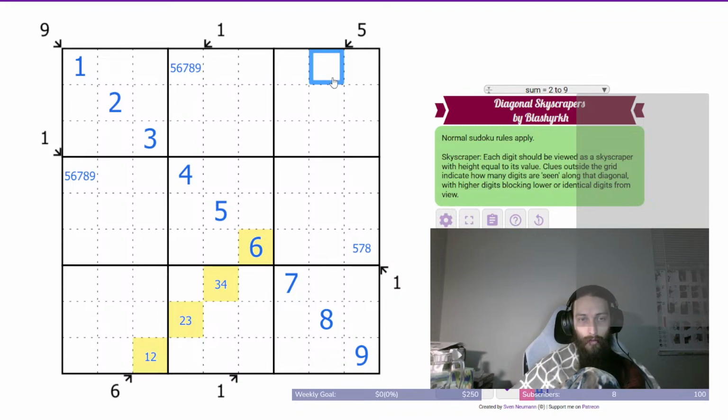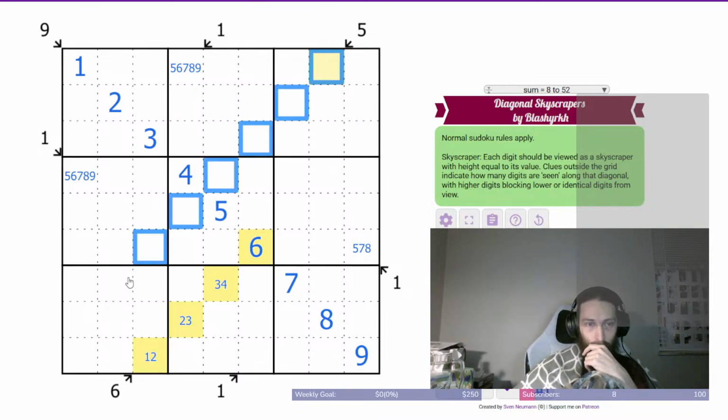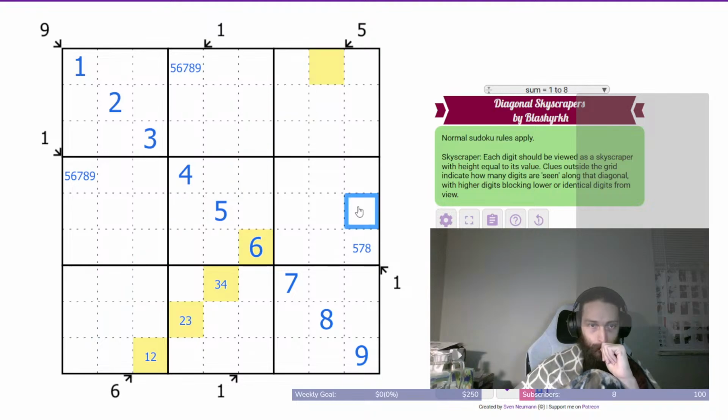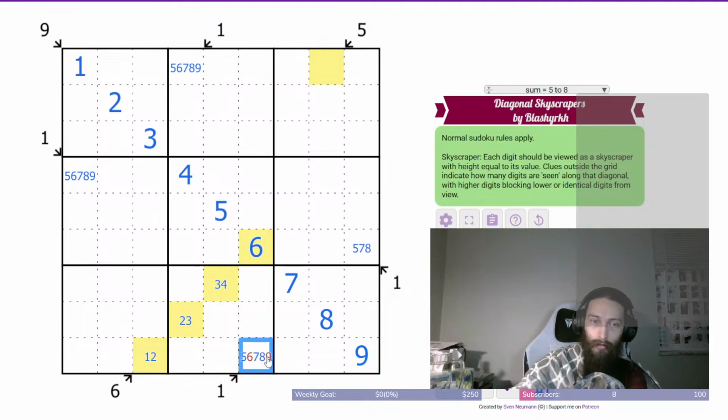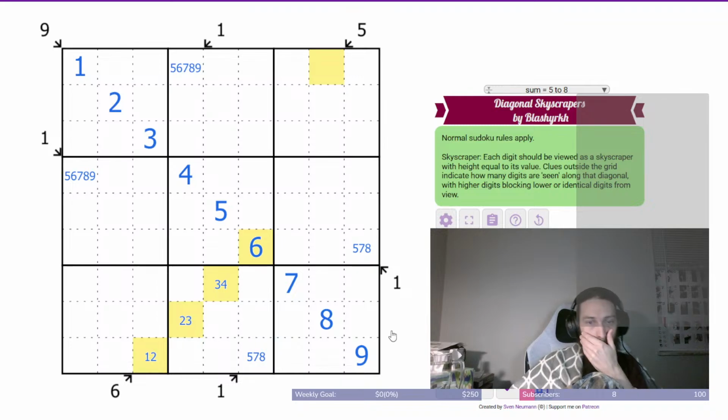Now this one sees 5, 6, 7, 8, but doesn't see 3 of them. And this one sees that one. So this is minimum 5, and also not 6 or 9.